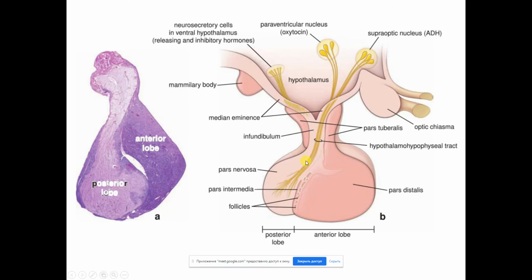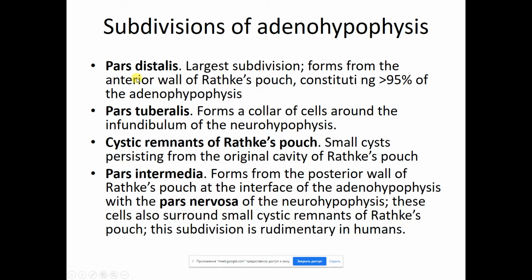So, what is the pars distalis? It's the largest part, 95% of the entire adenohypophysis. That's why usually when we talk about adenohypophysis, we don't talk about other parts. It's pars distalis.